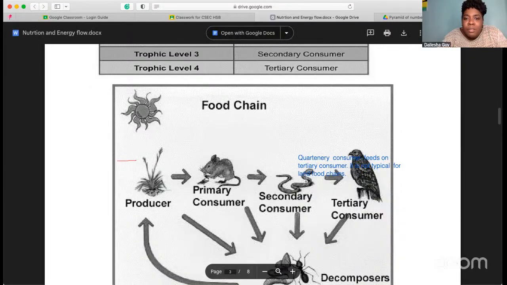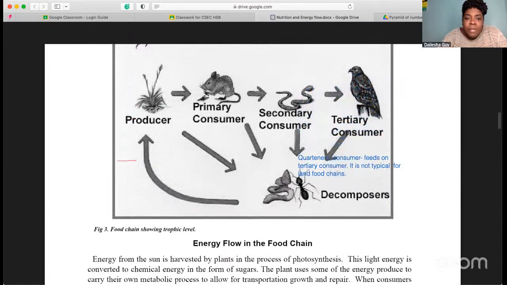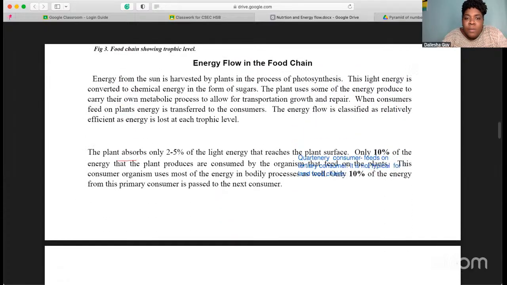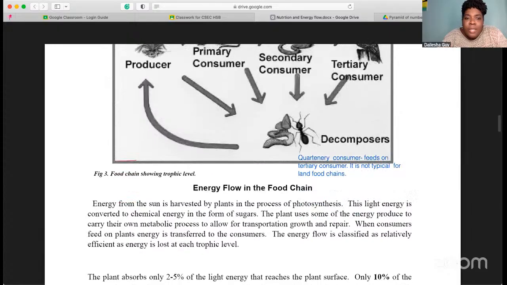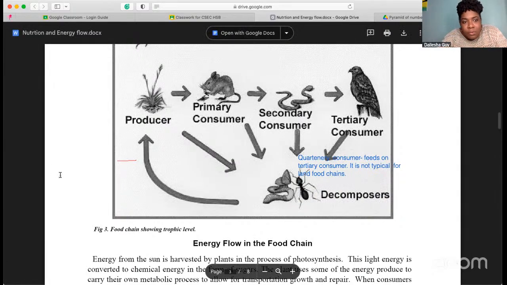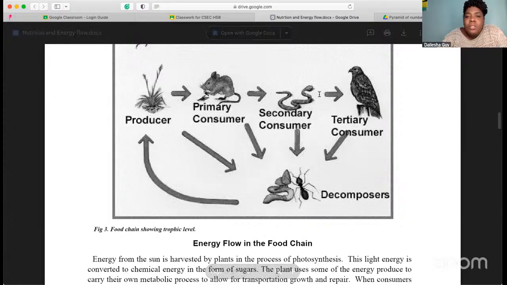All right, we're good. Let's talk about energy flow in the food chain. We have this food chain, and it starts off with the grass. We have the shrew, we have the snake, and then we have this bird. Let me just clear the screen. This bird is feeding on the snake, and the snake is feeding on the shrew, and the shrew is feeding on the grass.